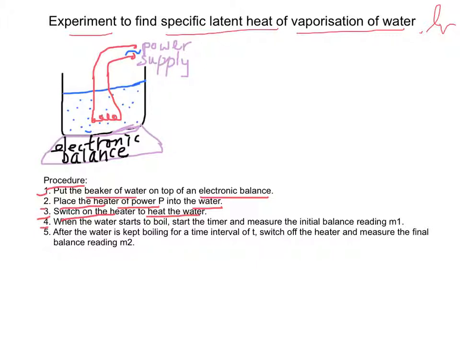Fourthly, when the water starts to boil, start the timer and measure the initial balance reading, which is M1. Fifth, after the water is kept boiling for a time interval of T, we switch off the heater and measure the final balance reading M2.